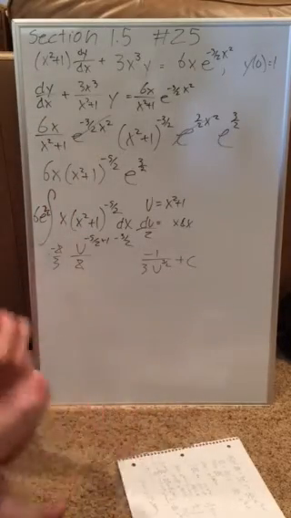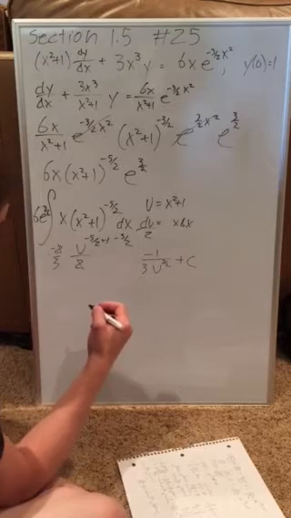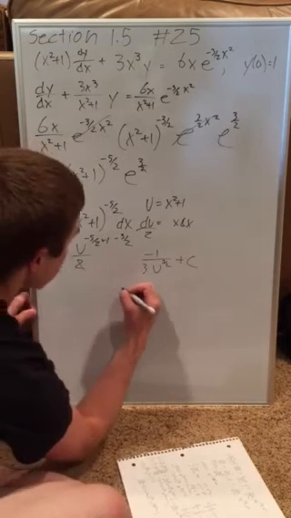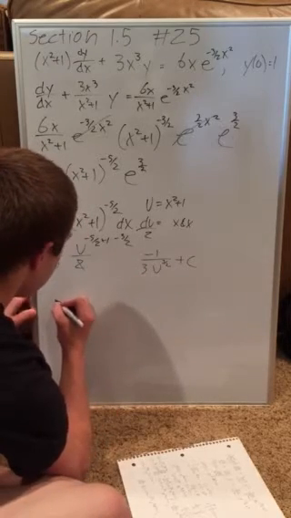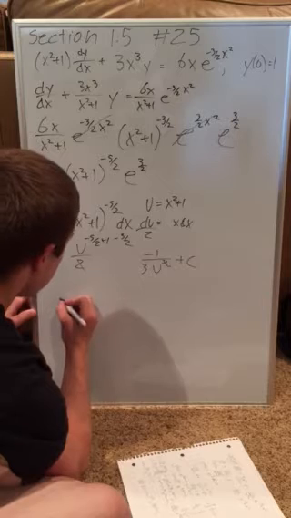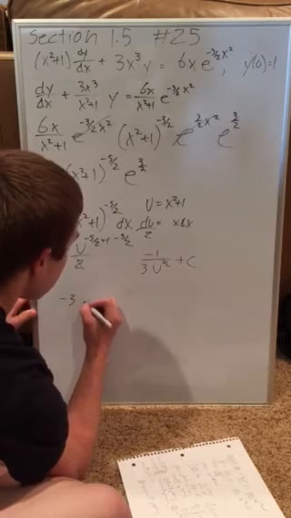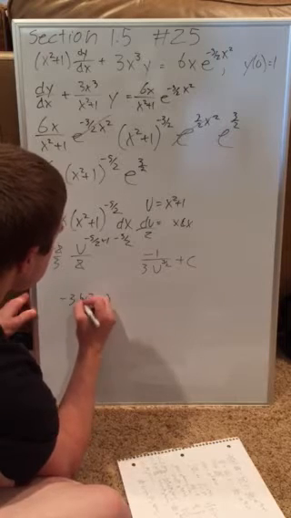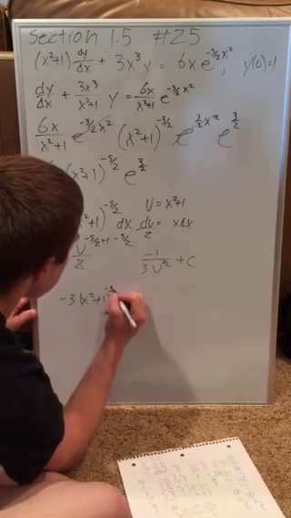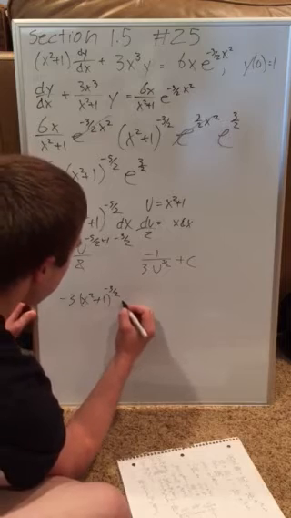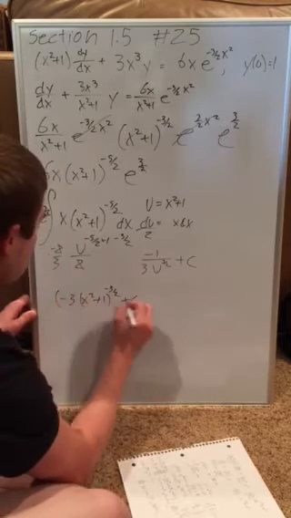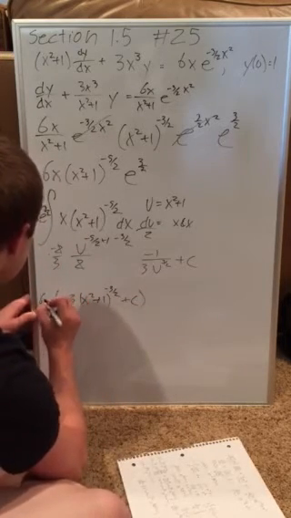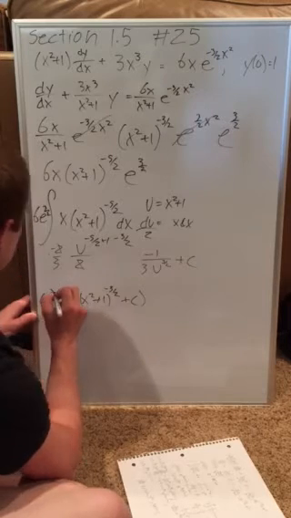So putting that back in, let's put in our x squared plus 1. So we're going to have negative 1 over 3 times x squared plus 1 to the negative 3 over 2 plus c, and times our constants, 6e to the 3 over 2.